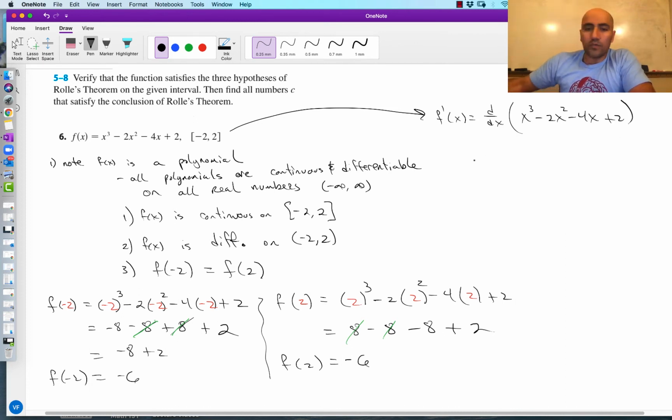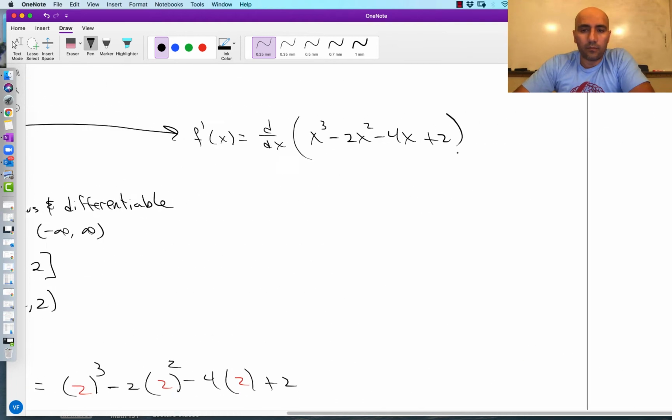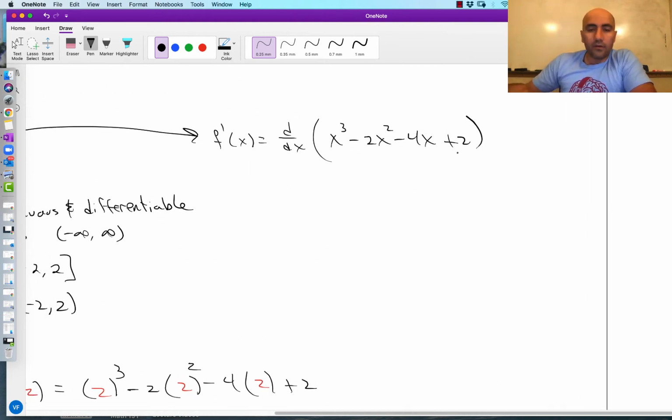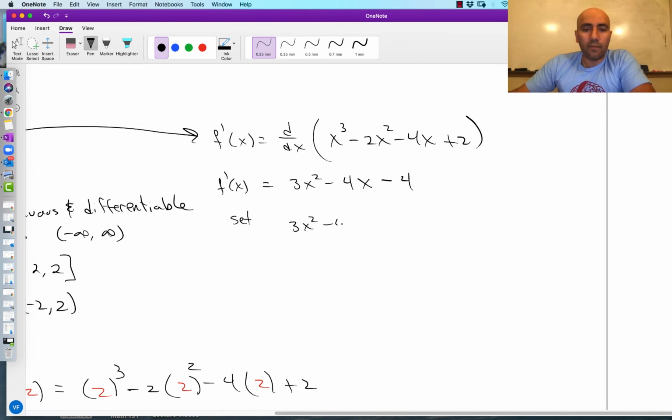Okay, zoom into here a little bit. I need to find this derivative. That's easy. That's going to be equal to 3x squared minus 4x minus 4 plus 0. And so we need to find the values that equal 0 on the interval from negative 2 to 2. Let's write it this way just to make sure.